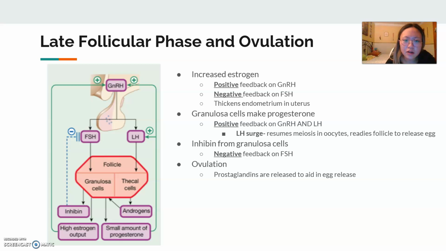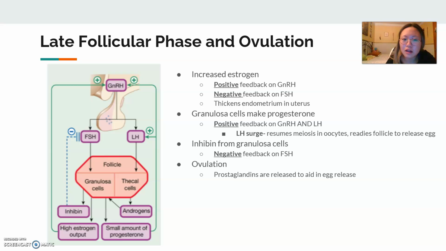So the positive feedback of estrogen on GnRH and the positive feedback effect of progesterone on both GnRH and LH increase LH levels, which causes the LH surge and helps with ovulation. There's mainly the LH surge that we're concerned about, but FSH surges as well. It's just being inhibited by inhibin from the granulosa cells, which has a negative feedback effect on FSH.